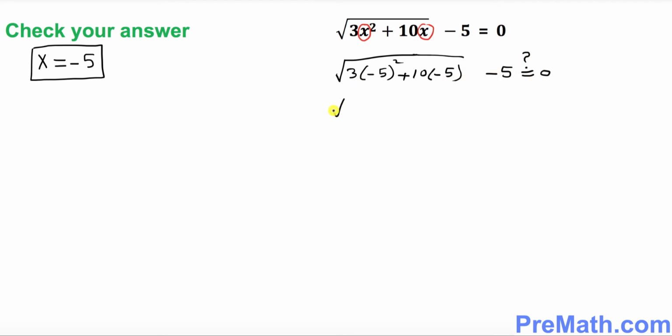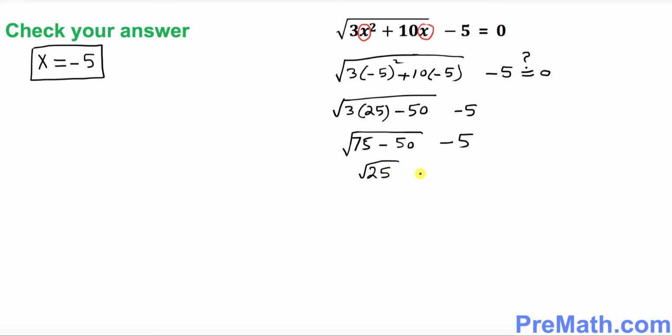So over here on this side, 3 times (-5) squared equals 75, since 3 times 25 is 75, minus 50, and then -5. So this becomes the square root of 25, minus 5.